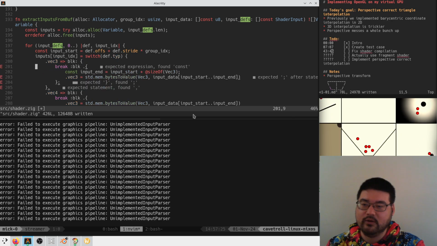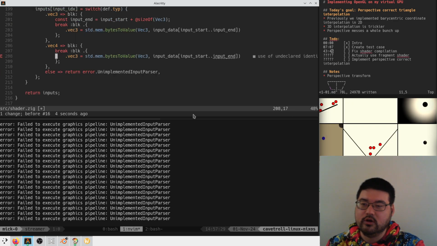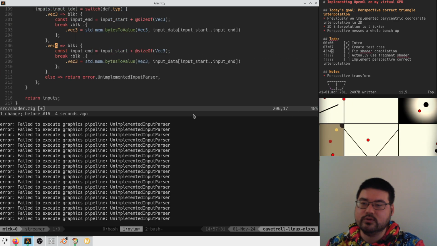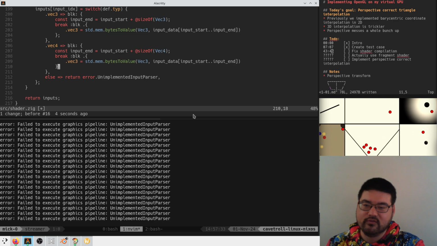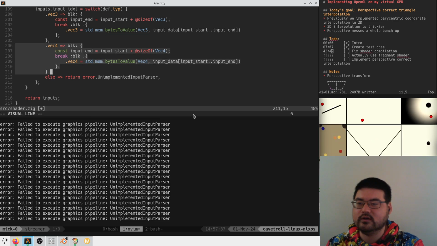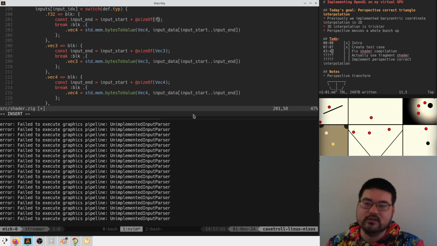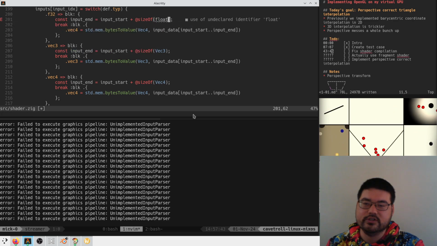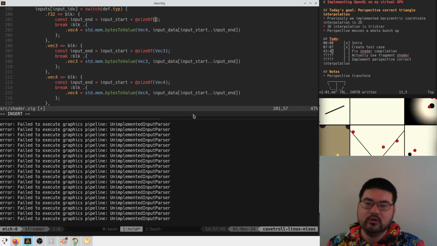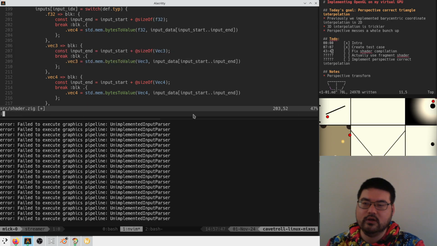It looks kind of hand wavy. So maybe here, if we're doing a vec4, we're going to use size of vec4, vec4, and for floats, we're going to do something similar. So there's going to be size of float, f32, and there's going to be f32 as well.